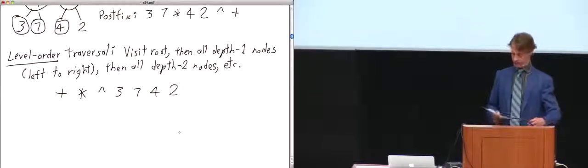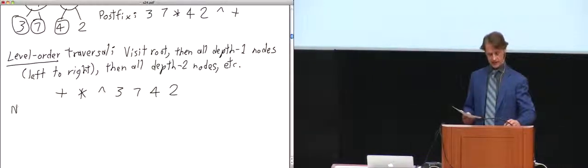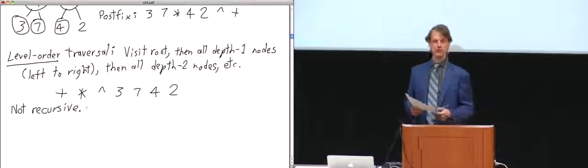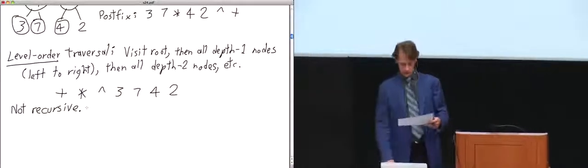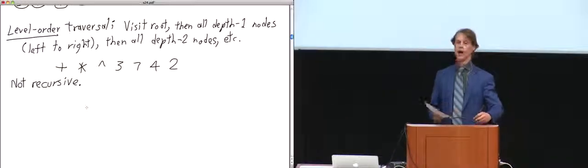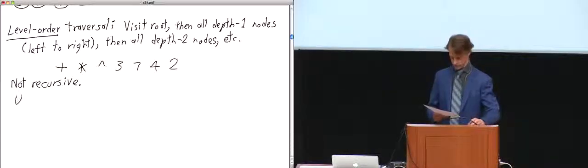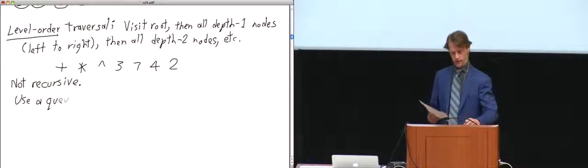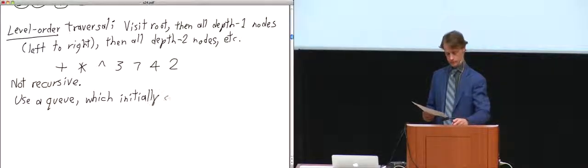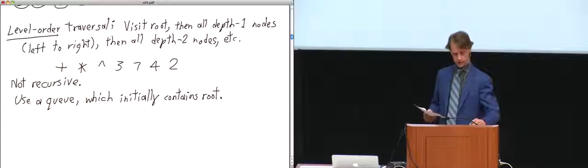Now, again, unlike the three previous traversals, this is not easy to write recursive code for. I mean, it's physically possible, but it's just not a natural or easy way to do it. So what we do instead is we do level order traversals with the following algorithm that uses a queue. So the idea is we're going to maintain a queue which initially contains the root and nothing else. And then you're going to repeat the following steps as many times as necessary.